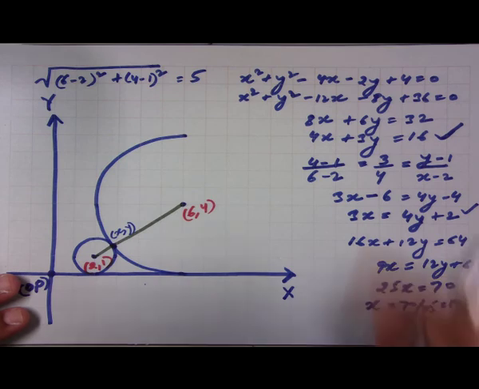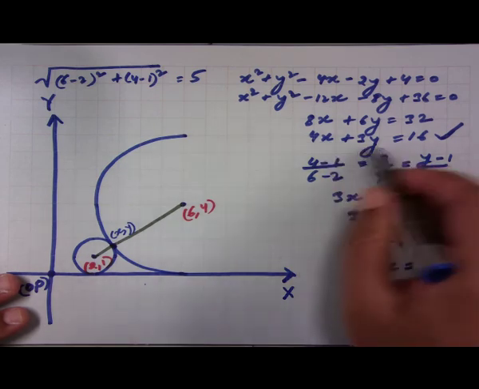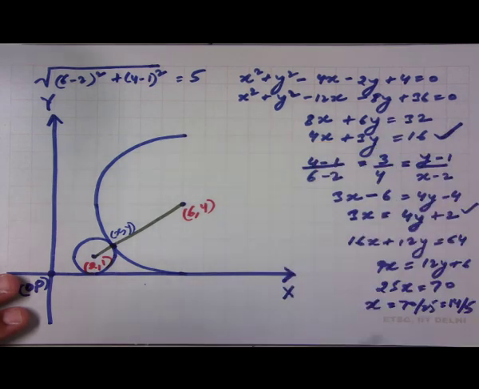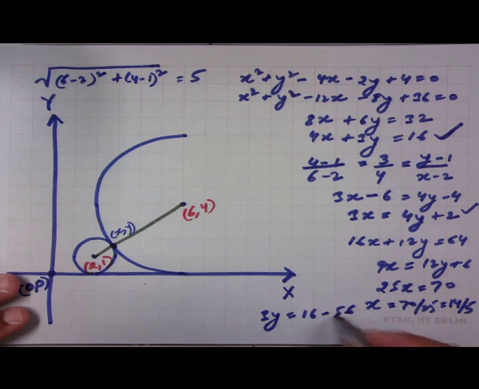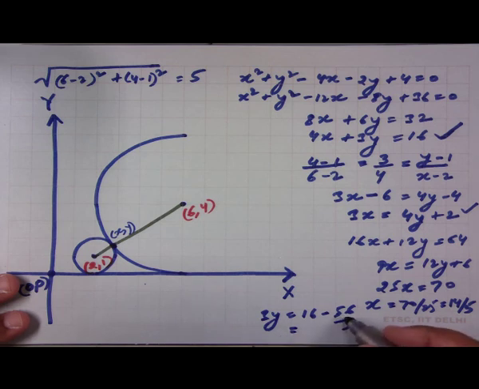And then the y coordinate is very easy, because we can just use this x value here and get the y coordinate. So, 3y will be 16 minus 4x from here, so that will be 16 minus 4 times 14 by 5, which is 56 by 5. So, 3y will be equal to 24 by 5, and therefore, y will be 8 by 5.